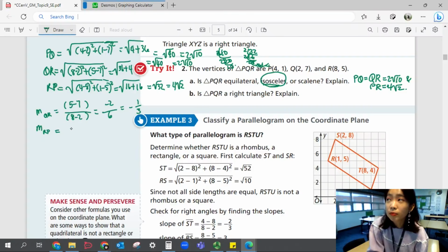Let's check RP. RP is going to be 1 minus 5 over 4 minus 8. So that's going to be negative 4 over negative 4, which is negative 1. So are they opposite reciprocals, or do they multiply to negative 1?